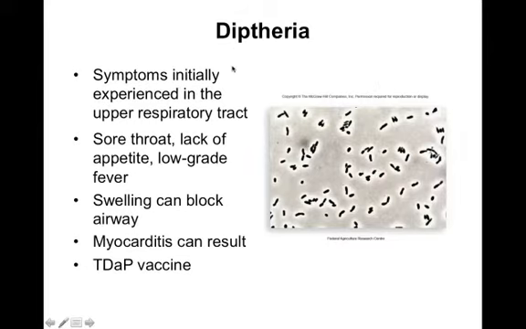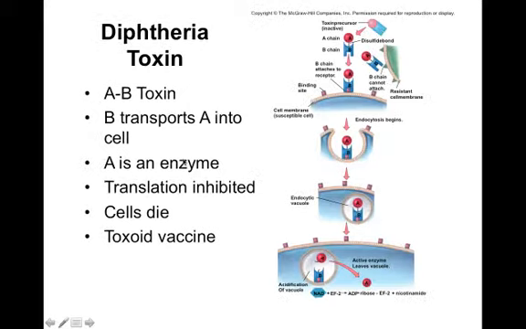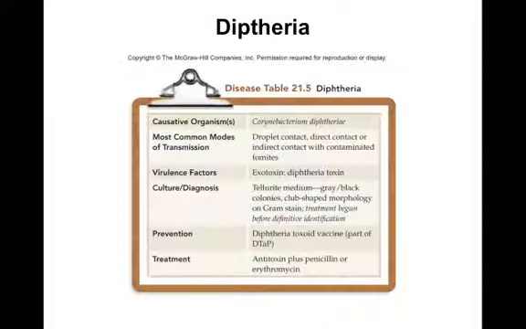So it works pretty well, and we don't really see this too often, which is good. The diphtheria toxin is an AB toxin, so we've talked about these before. B allows it to be endocytosed into the cell, where A acts as the fundamental cytolytic unit that causes cell death or toxicity.